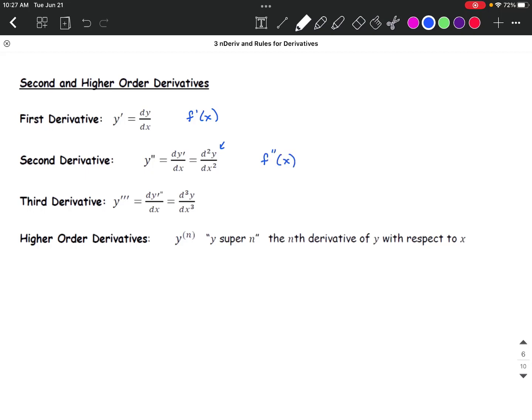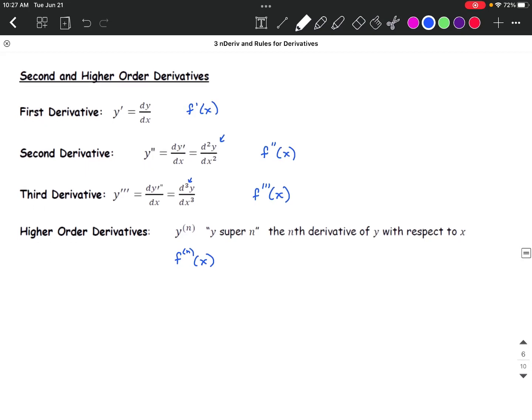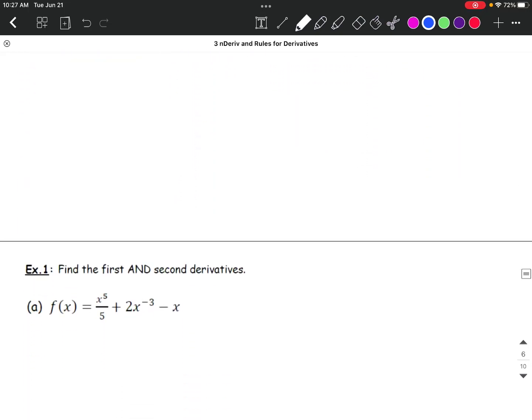The third derivative is y triple prime, or the derivative 3 times of y with respect to x cubed, or f triple prime of x. And then anything more than that, it's y super n, or we'd have f super n of x. That's the nth derivative of y with respect to x, or the nth derivative of f with respect to x.